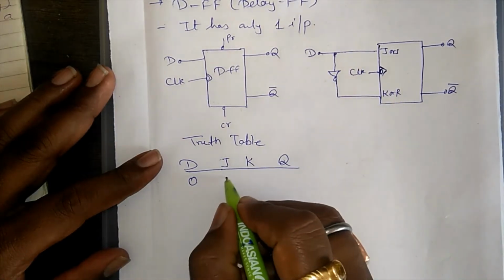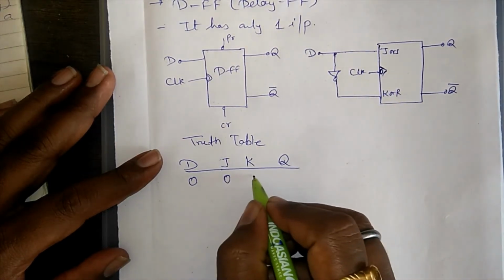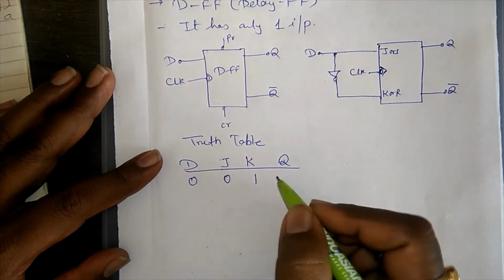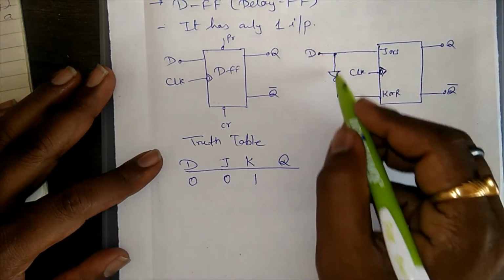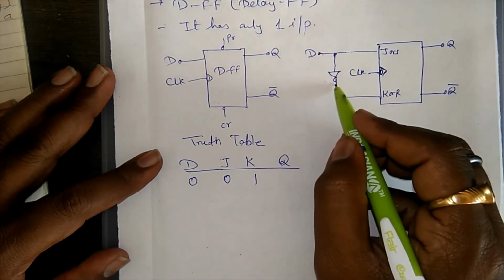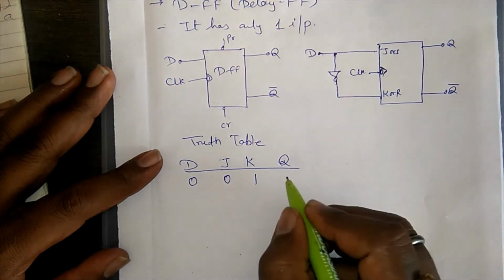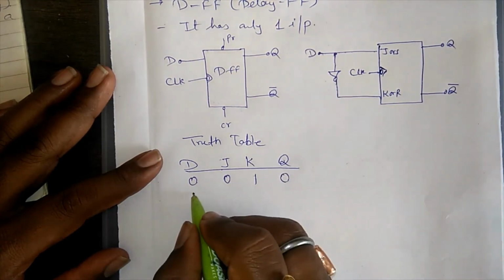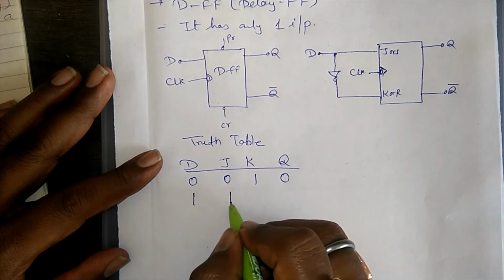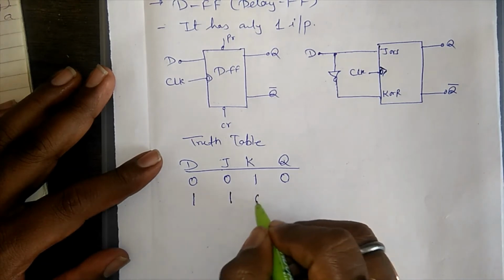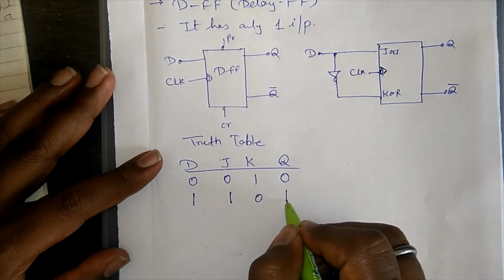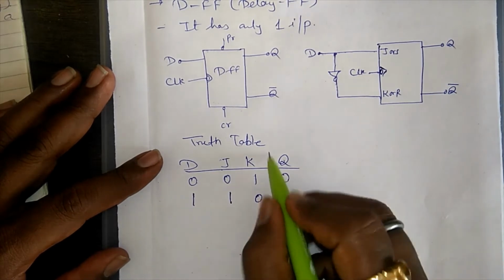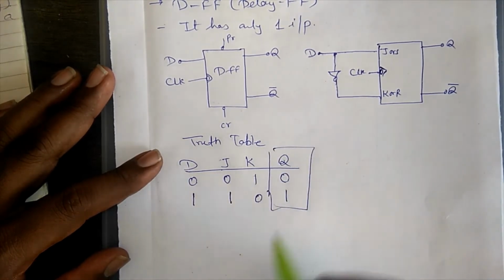D is 0, J is 0, K is 1, because the 0 goes through the NOT gate and becomes 1. So Q will be 0. When D is 1, J is 1, K is 0 and Q will become 1. So this is the output.